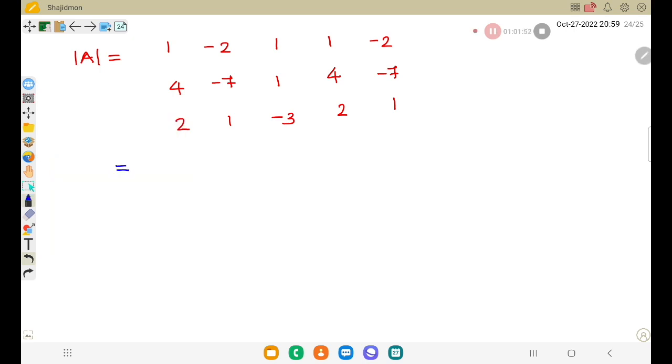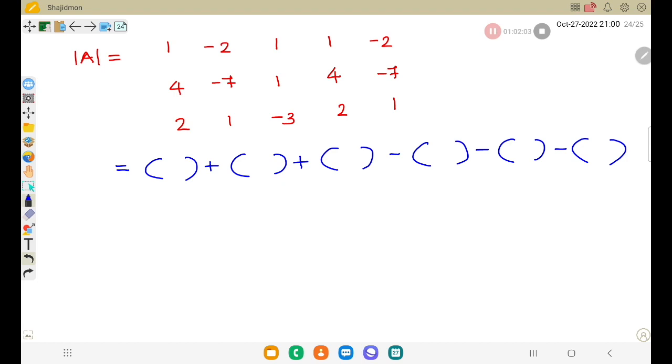Now here is how to do it by Sarrus rule, as I told before: 3 terms in one bracket plus another 3 terms in a bracket with minus, correct? Start from the top arrows from here: 1 multiply minus 7 multiply minus 3 means 21. Now here minus 2 multiply 1 multiply 2 means minus 4.